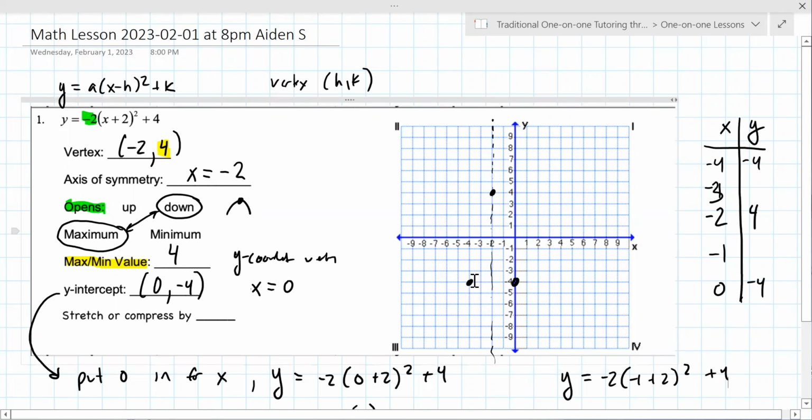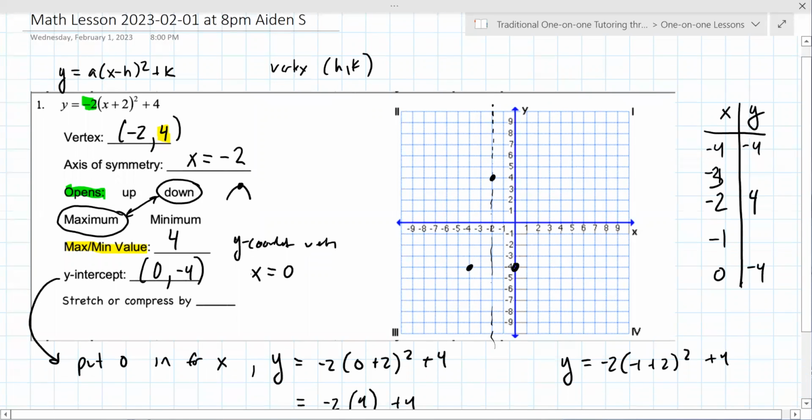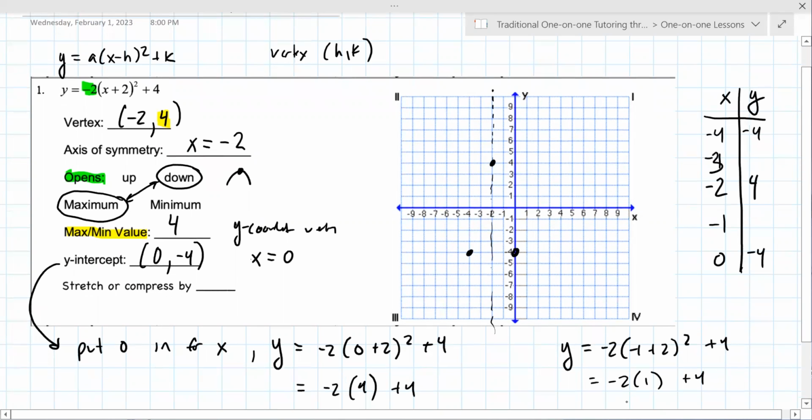This one over here on the left? Yeah. So there's symmetry. I'm trying not to overwhelm you because there's so much going on here, but yes, there is symmetry. All right. So this one is +1 squared is +1, -2 times +1 plus 4 ends up being +2. So there's a couple more points.